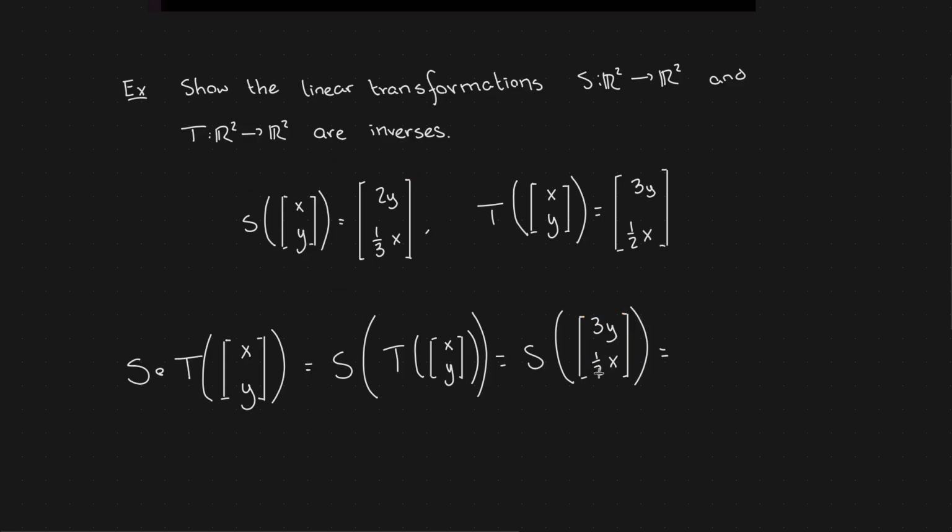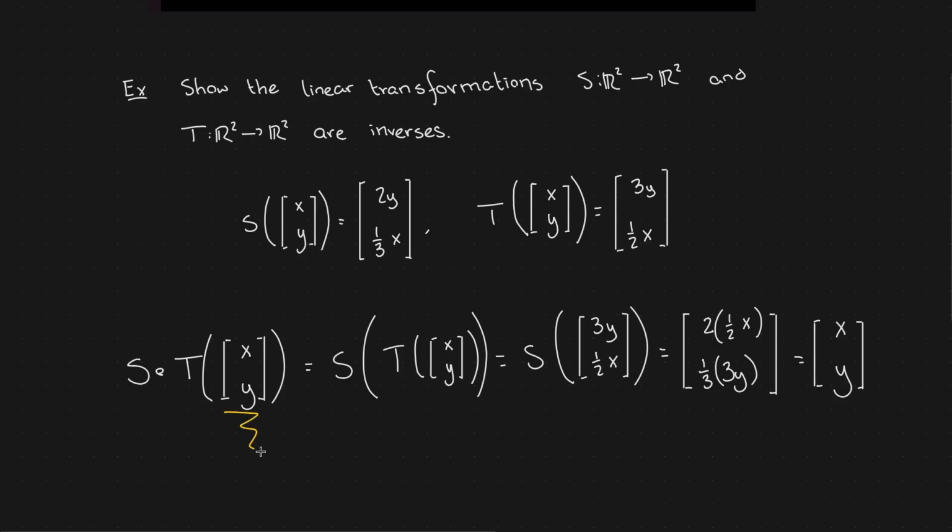And 1/2 x is going to take the spot of y. So I'm going to plug my first component into the x. I get 1/3 x down here, but I'm plugging in 3y, so 1/3 times 3y. And then I have 1/2 x, that's my second component that I plug in. So I'll get 2 times that second component up at the top. 2 times 1/2 x. And we can see 2 times 1/2 x, that's definitely just x. 1/3 times 3y, that's definitely just y.